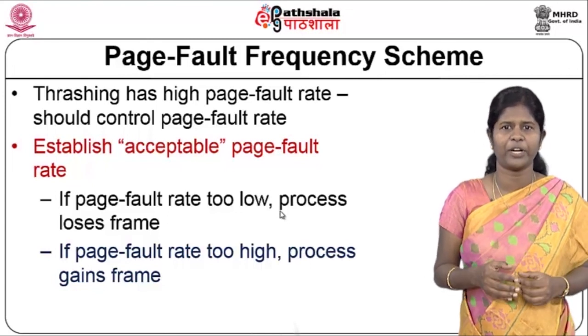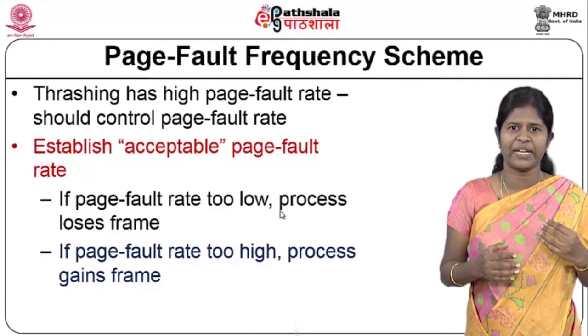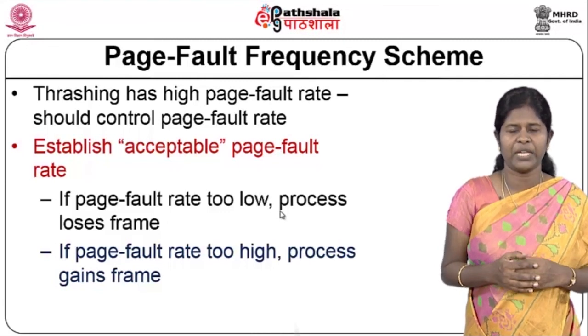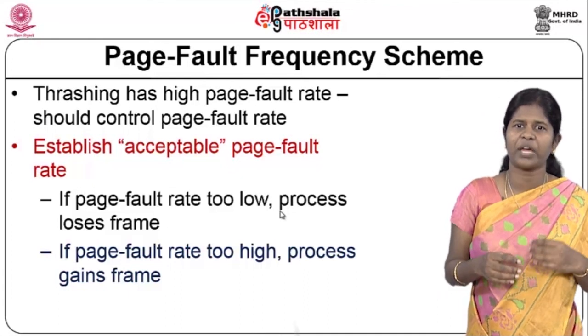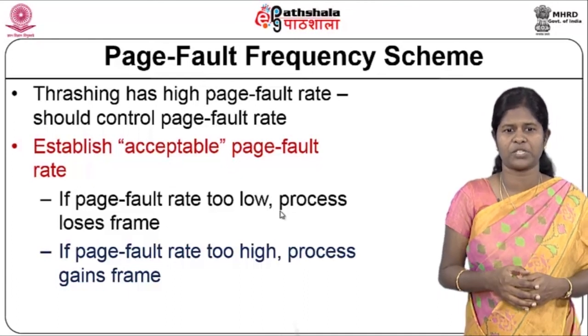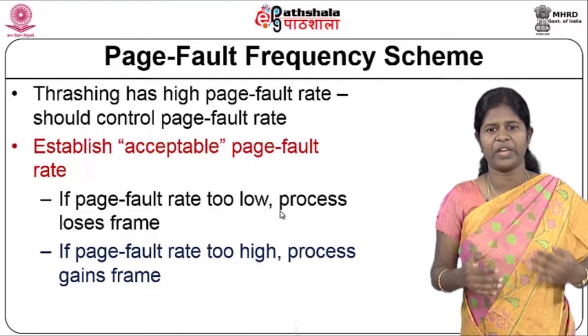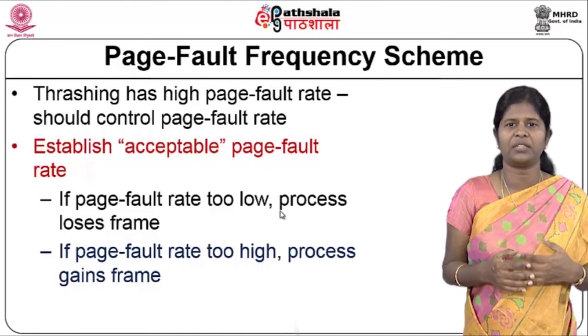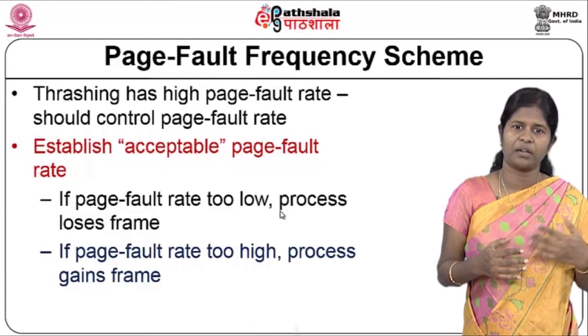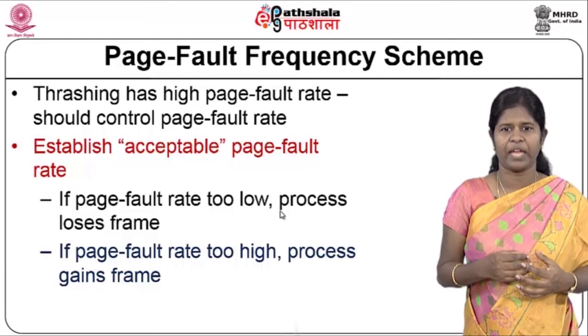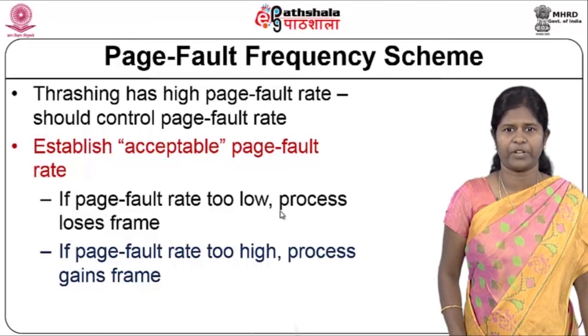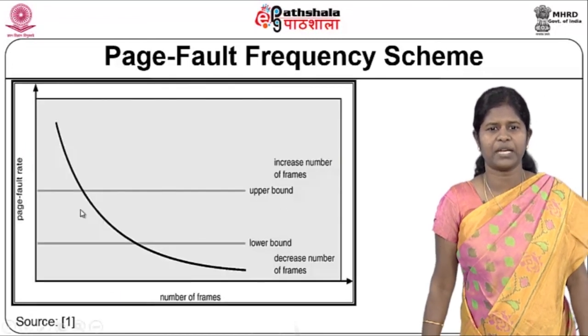If for a particular process the page fault rate is very low, then it means it has more frames than what it needs, and hence you can remove frames from that process. But if the page fault rate is very high, then it means the process has fewer frames than it needs, and hence it can gain a frame. Just look at this diagram.